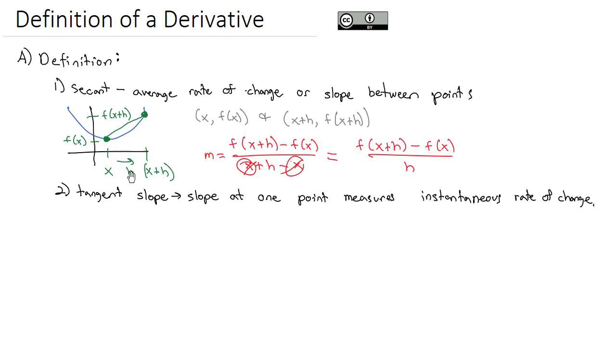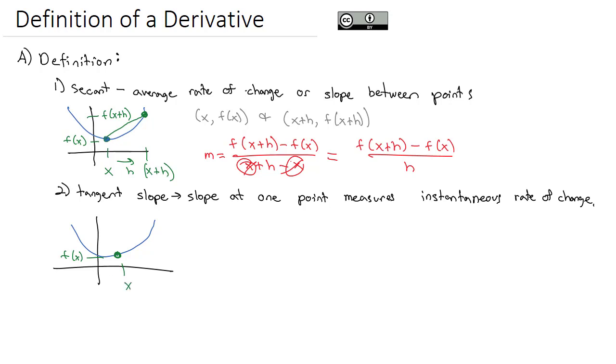The idea of this is we had this distance of h between the two points. We're going to take the second point and bring it down closer and closer to the x. In other words, this distance of h started out as this large h, but we want to make it shrink smaller and smaller, all the way down till we get this point at x with a height of f of x.